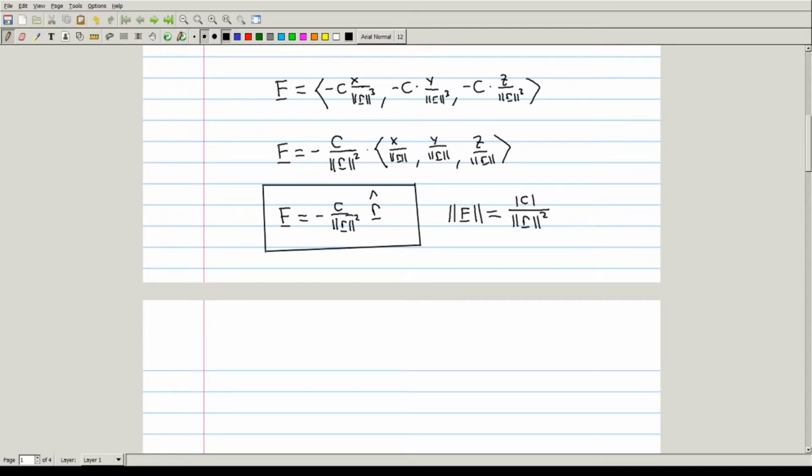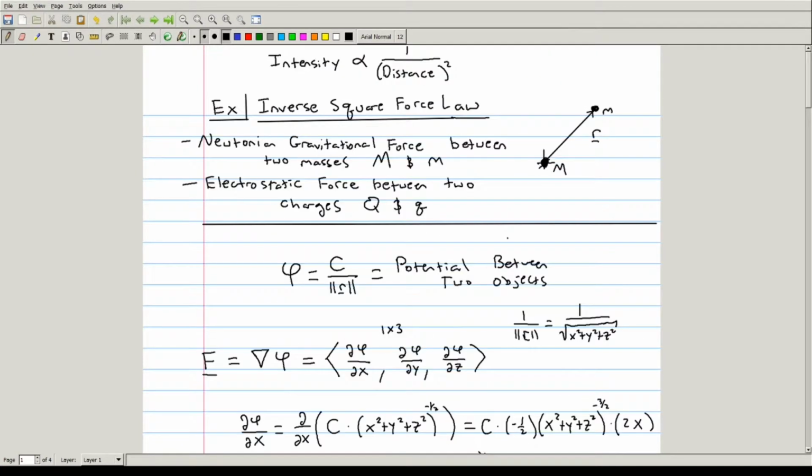This is saying that the magnitude of force is directly proportional to 1 over the distance squared between the two objects. And this is a very neat example.